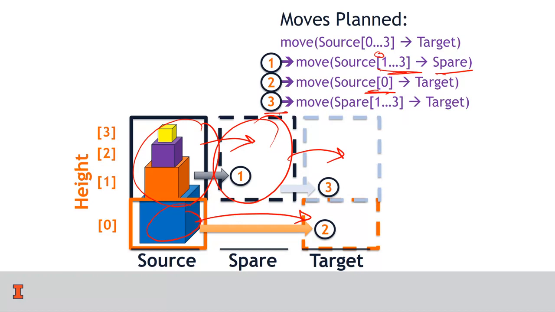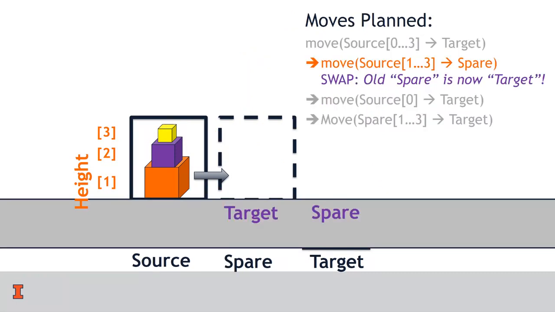The combination of these 3 steps makes it so that we can move the entire tower from the source to the target. Of course, each of these steps themselves may require a number of sub-steps. Following the logic we described earlier, we can ignore that very bottom layer and now just focus on this subtower of 3 blocks.